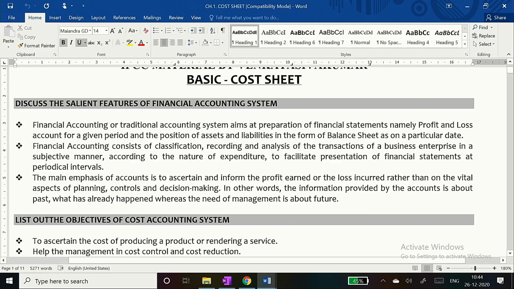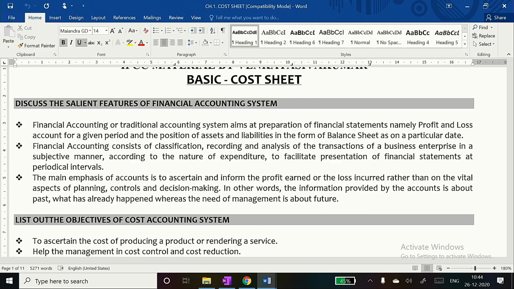financial accounting or traditional accounting system aims at preparation of financial statements, namely profit and loss account for a given period, and the position of assets and liabilities in the form of balance sheet. The financial accounts consist of classification, recording, analysis of transactions, all that.